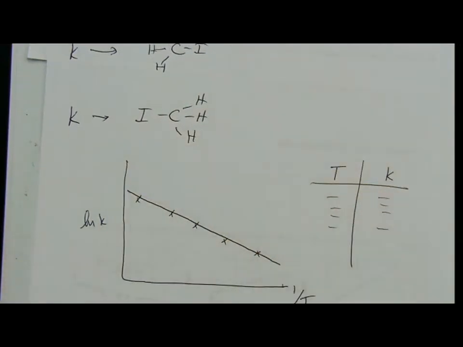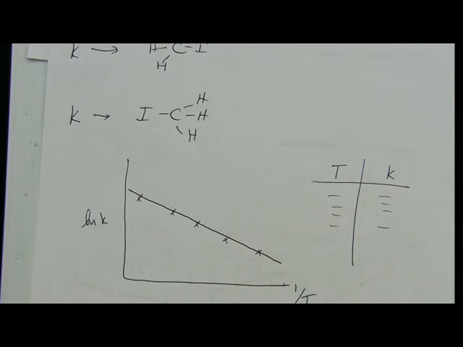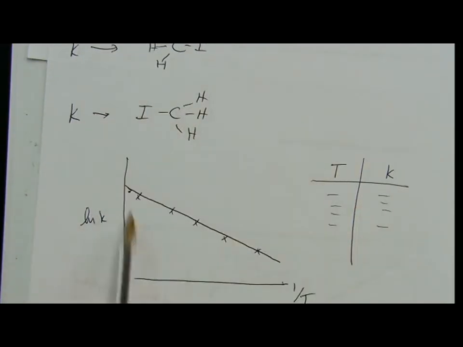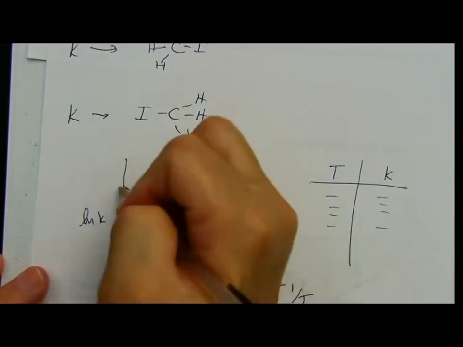Okay, so why do scientists measure k's at different temperatures and make these plots? What is that y-intercept equal to right there? Not the number, but what does that correspond to? Frequency factor? The log of the frequency factor, right?